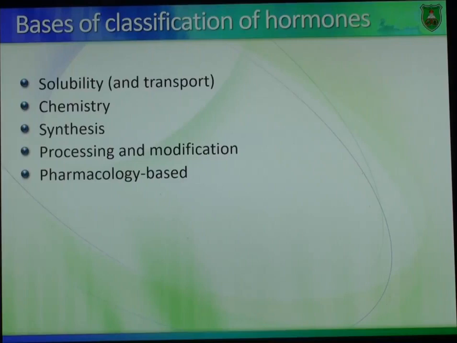Is it, for example, a peptide hormone or a protein hormone, or is it a steroid, for example? How they are synthesized is also important. Processing and modification. Now, some hormones can be processed extensively and others may not. And we have a pharmacological way of classifying hormones. We will not talk about that, about the last one.